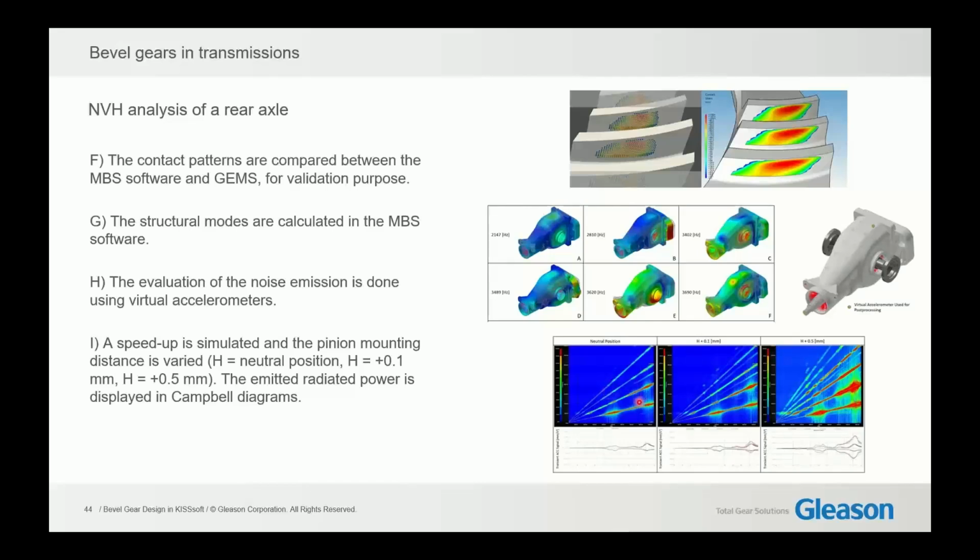We started with a neutral position, had a mounting distance larger by 0.1 than by 0.5, and we could clearly find a higher excitation in this case, and this gave us a good confidence into an NVH analysis, so that for further designs, an NVH analysis gives a benefit for the engineer to vary then in the simulation, maybe about housing, about the structure.